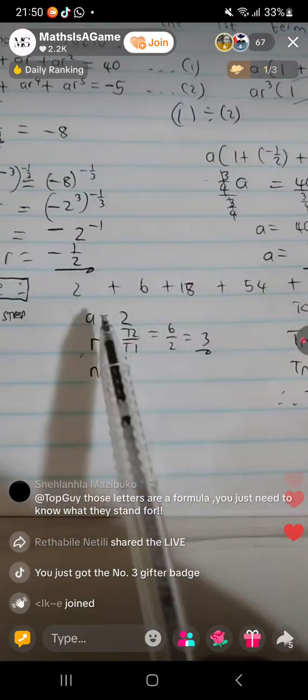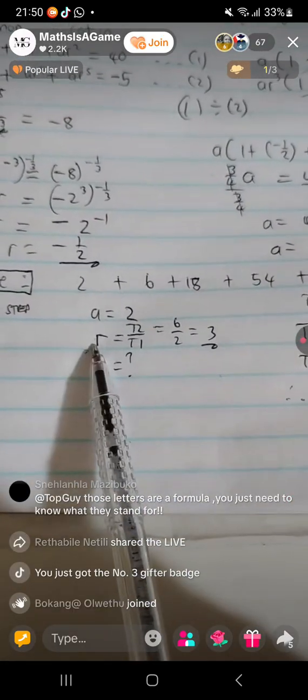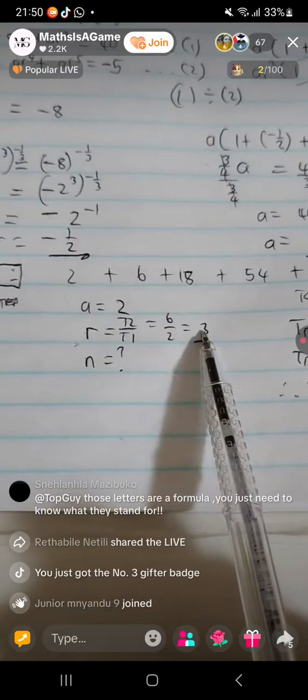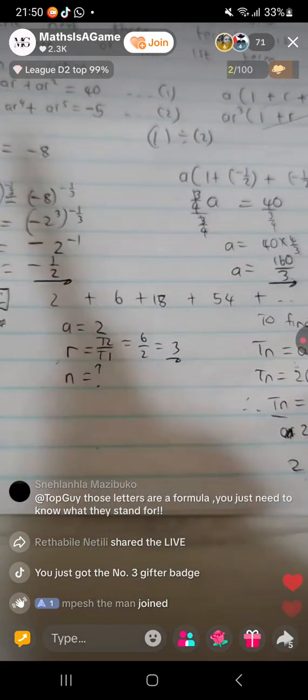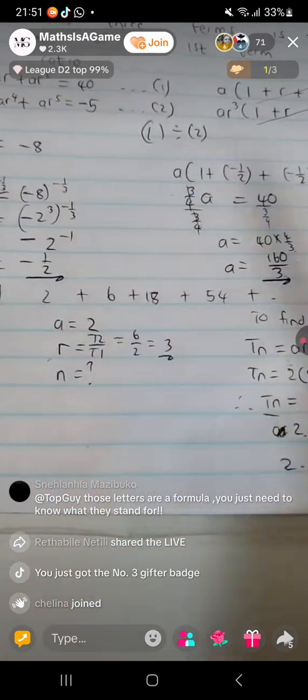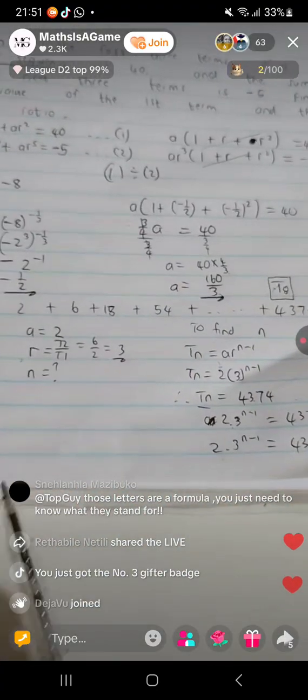Okay. So we established that A is 2. A is the first term. R, the constant ratio, is 3. Then in our heads we were like, okay, when we are calculating the sum of a series, we need to know how many terms we have in total.